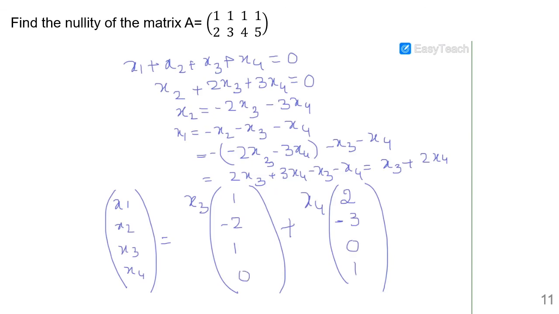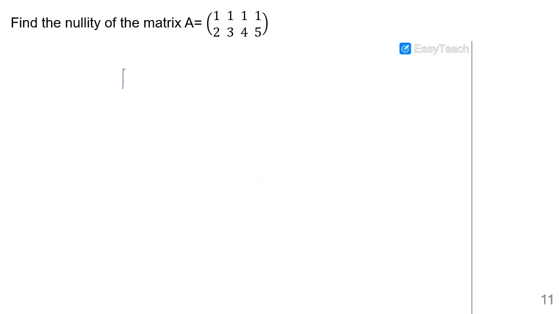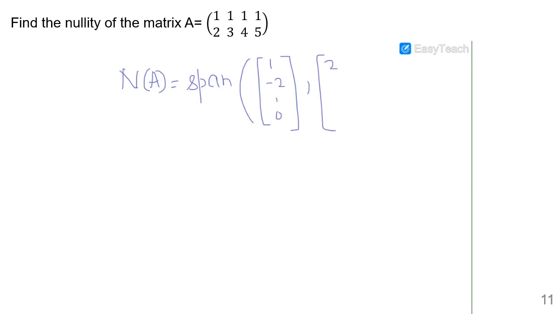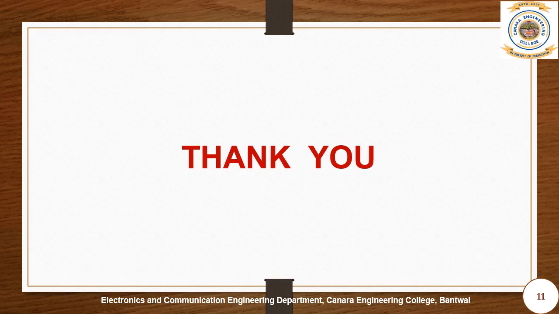So, I can write this as N of A is equal to, there are two basis vectors corresponding to x3 and x4. 1, minus 2, 1, 0, and the other one is 2, minus 3, 0, 1. This is the solution. Thank you. In the next video, let us see something about linear independence.